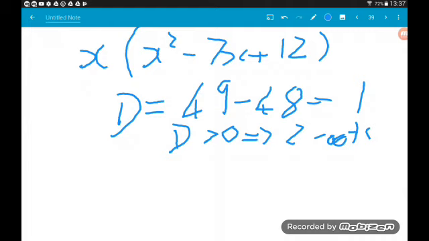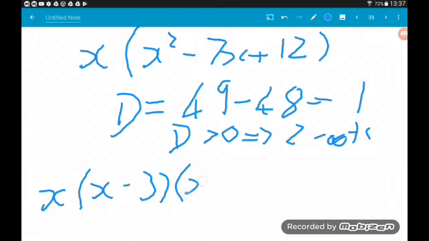So how can we factorise that quadratic then? Well, it's going to be x minus 3 times x minus 4. So what we've now done is factorised the expression. So if we now go back to thinking about it as an equation, then we've got this factorised expression here equal to 0.